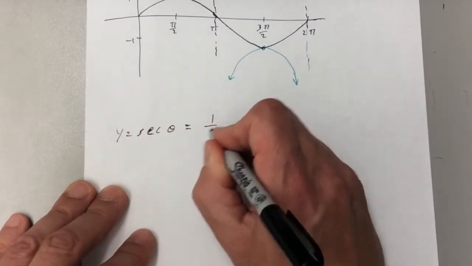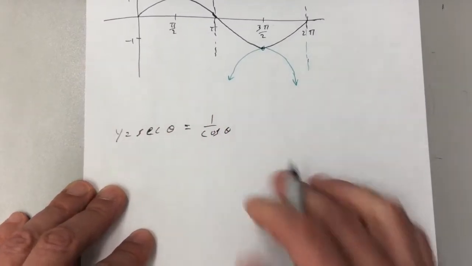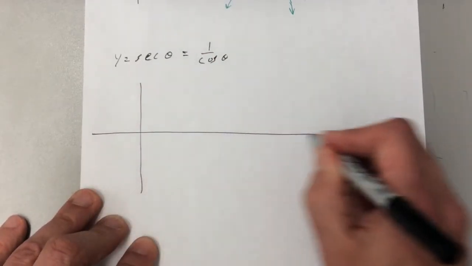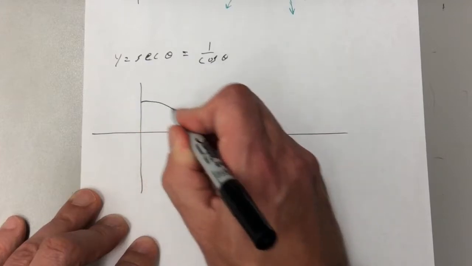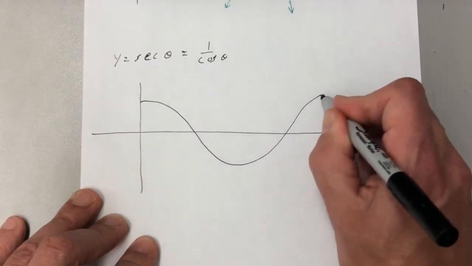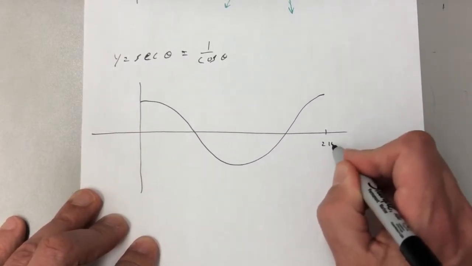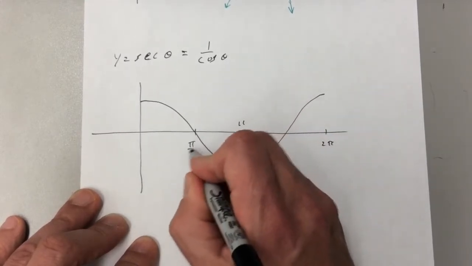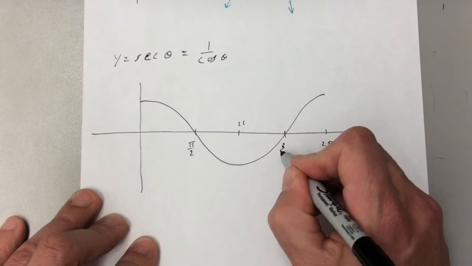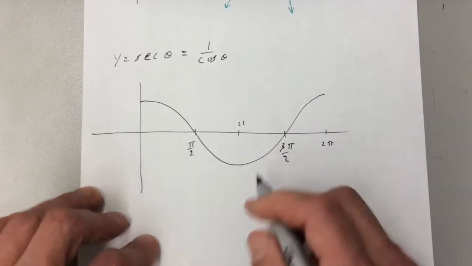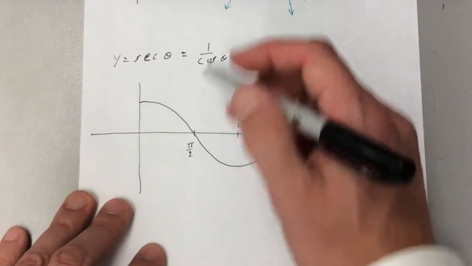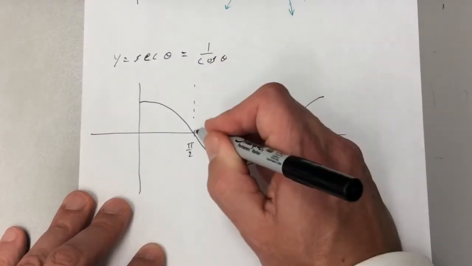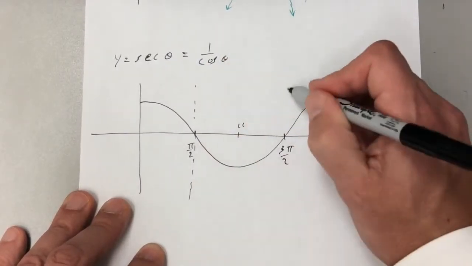Secant is 1 over cos. So you do the same thing. Graph cosine theta. Okay. And now for secant, we're going to have vertical asymptotes here and here.